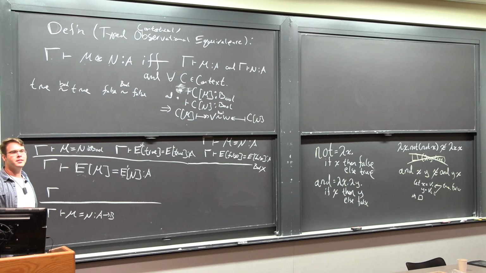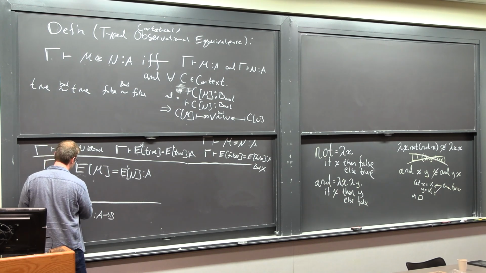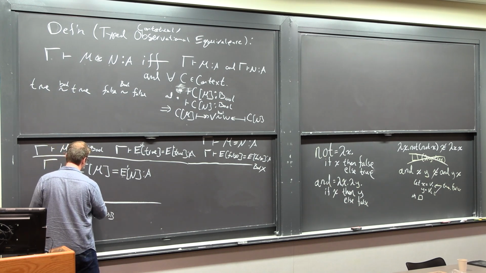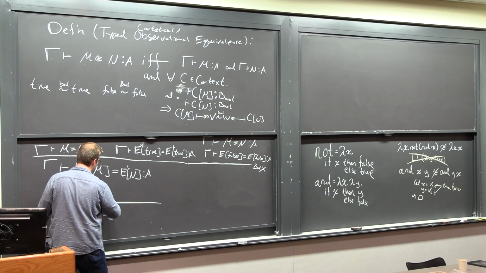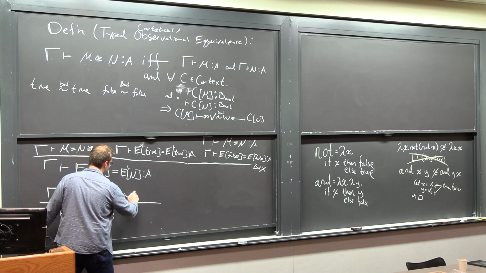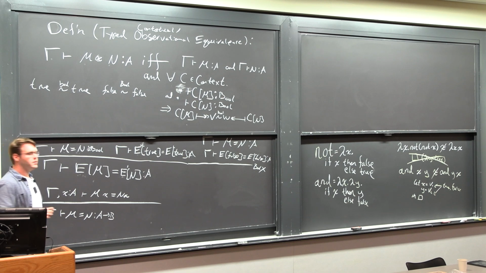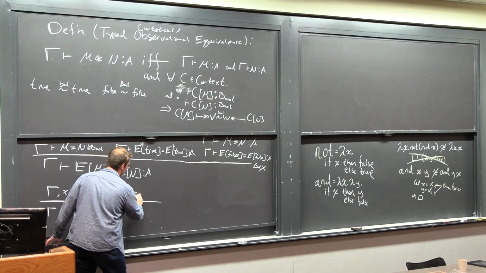So if I'm going to write a syntactic rule, it's kind of hard to have infinite numbers of premises. That wouldn't really be a good syntactic rule. So here's a hack that you can use to do it. I'm going to say, if I plug some x into m and some x into n, they're equal, where x is some arbitrary unknown a, then I better get an equal b.